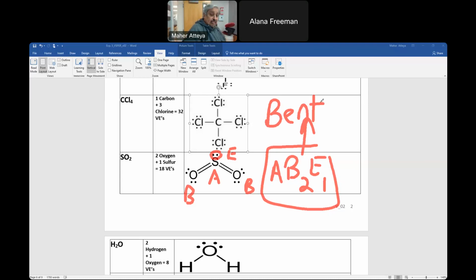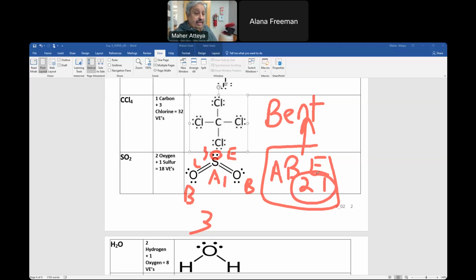And the angle, because of this one here, looks like a 3 because it has 3 zones, correct? How many zones is 3? One single, one double bond, second double bond, and 1 lone pair. So 3 zones. Whenever you look at the zones, you just add those here.